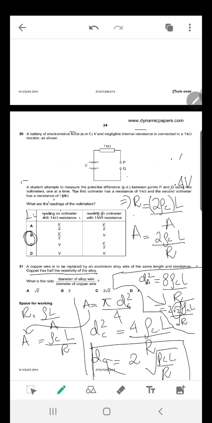In the question they are saying the alloy needs to be kept up and this is to be kept down. So this part is going to get cancelled with this part, this 2 is going to get cancelled with this part, and only under root 2 will be left, and my dA over dC is actually under root 2.